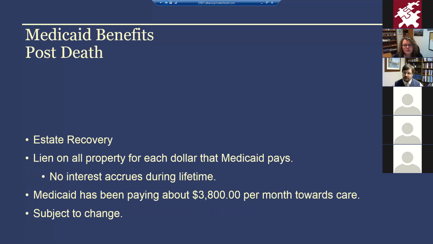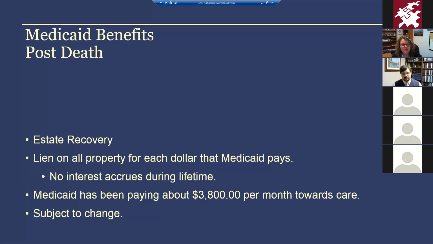Medicaid benefits post-death: there is an estate recovery program. When somebody passes away, they can put a lien on property for the amounts that Medicaid has paid out on the Medicaid recipient's behalf. However, there's no interest accruing during that lifetime. Medicaid does not pay out all of the benefits for your care.